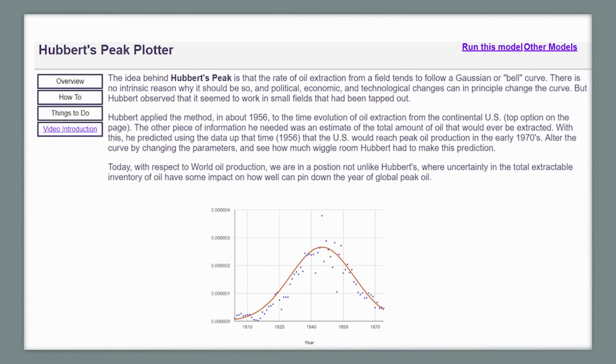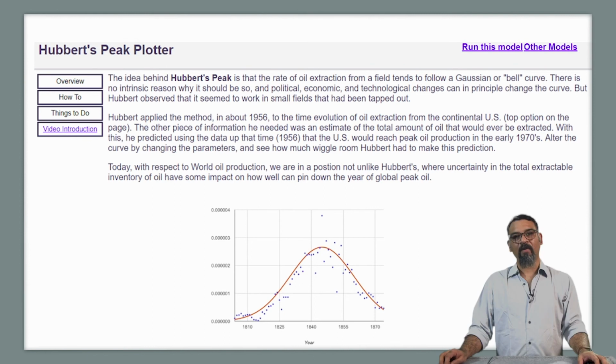But he observed it seemed to work in small fields, and he applied this method in the 50s to the time evolution of oil extraction from the US. So, using this, he predicted the time at which the US would reach peak oil production, and this can now also be applied to global oil production.